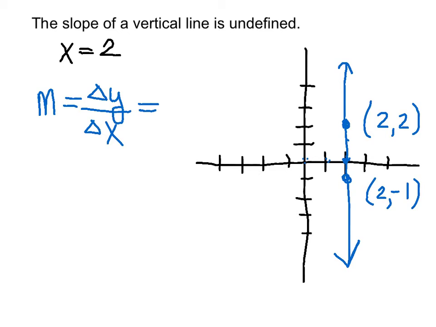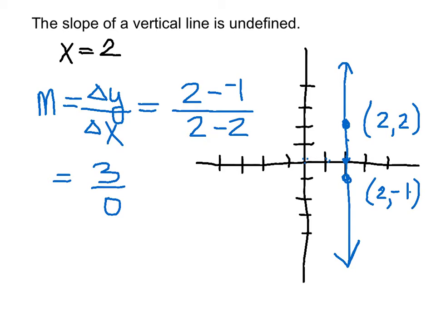I'm going to subtract my y's: 2 minus a negative 1, over 2 minus 2, my x's. That gives me 3 over 0. I cannot divide by 0. Dividing by 0 is undefined.